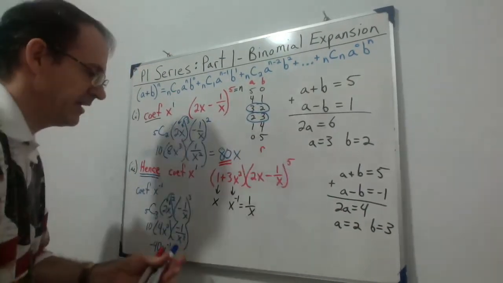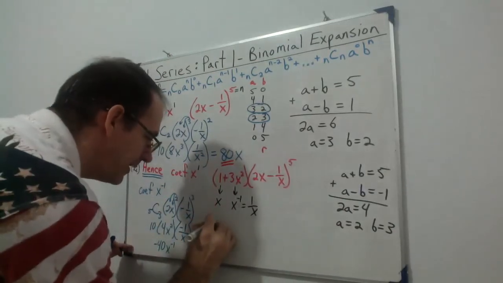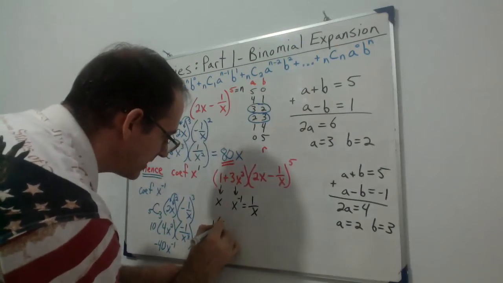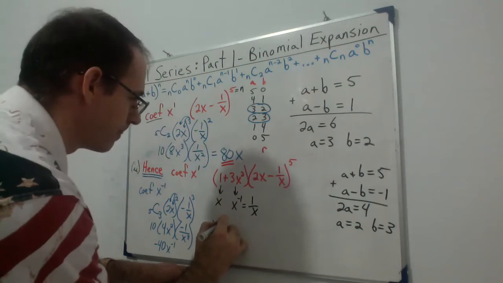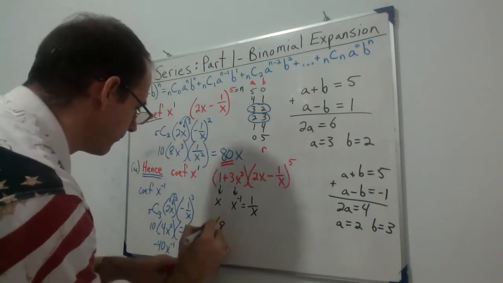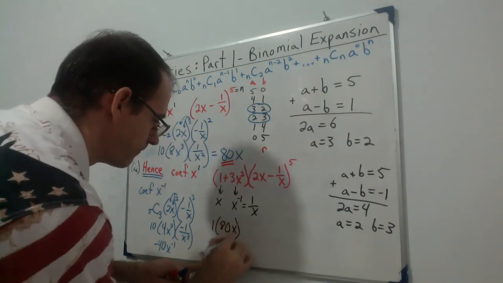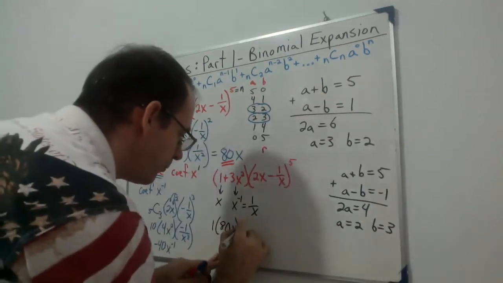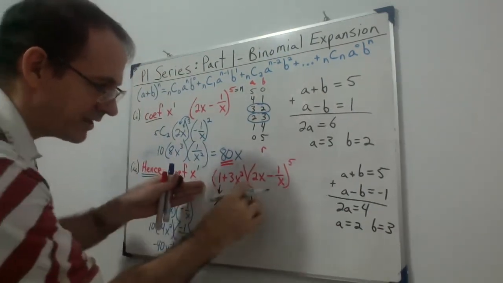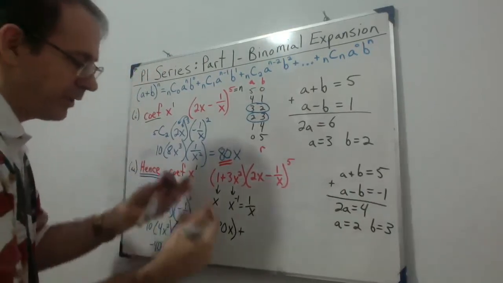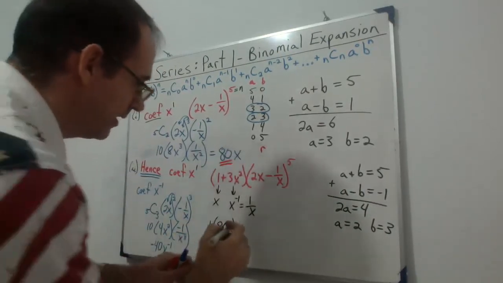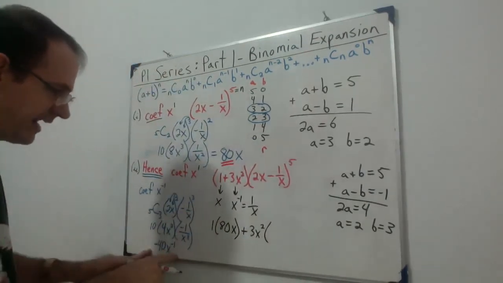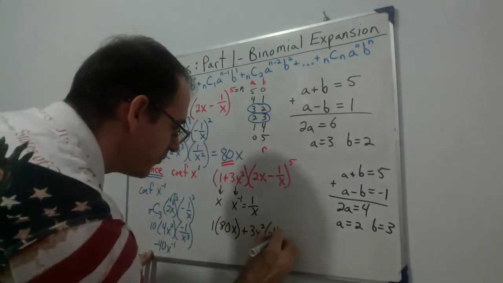So now we can put it together and we can say our 1 needs to be multiplied by 80x, plus, because that's going to be 1 times one of those terms, plus, because we're combining like terms, 3x squared is going to be multiplied by our x to the negative 1 term, which is a negative 40.